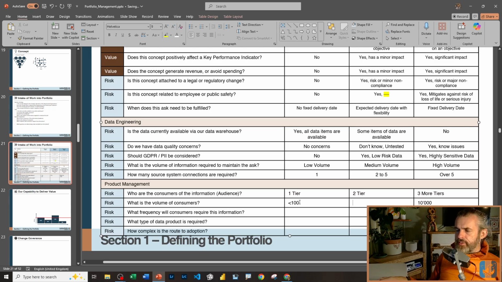And if we've got 10,000 employees and we want to serve all 10,000, then we want to have capacity to serve at least 10,000 or more. So the bottom tier might be less than 1,000, and the second tier would be greater than 1,000 and less than 10,000.